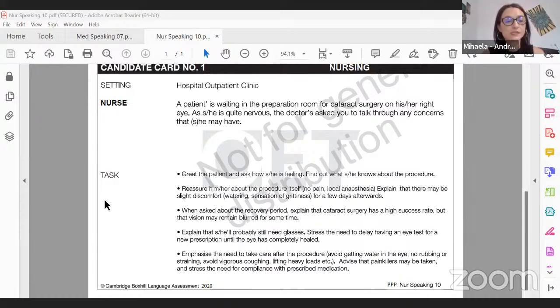Would I be able to see afterwards? I think you still need to wear some glasses afterwards, because for a few days you will still be under the pressure of the surgery.